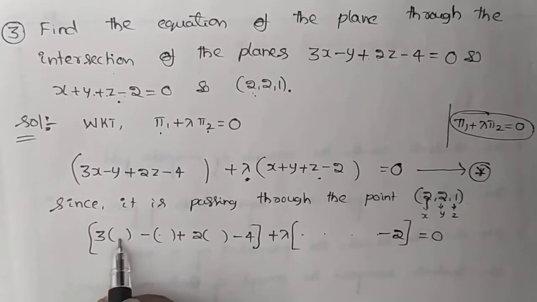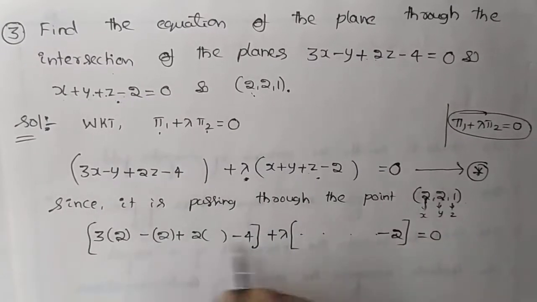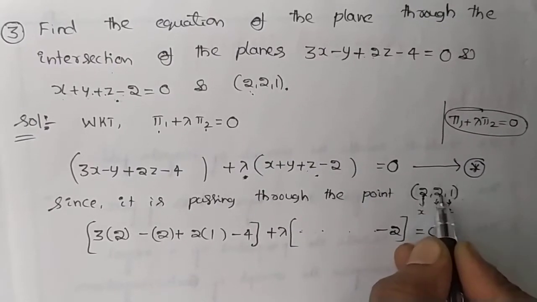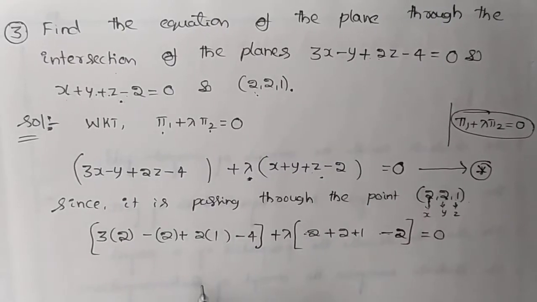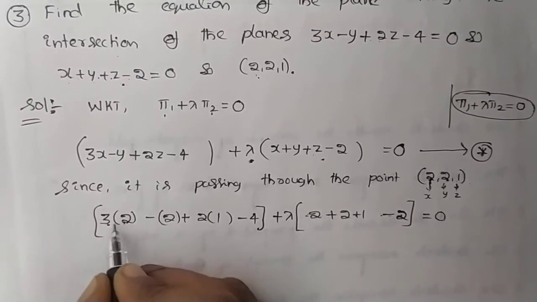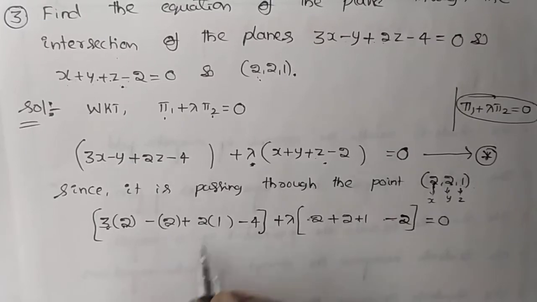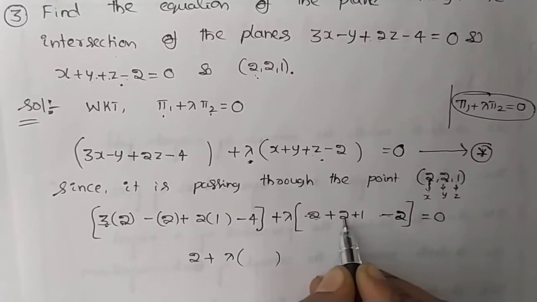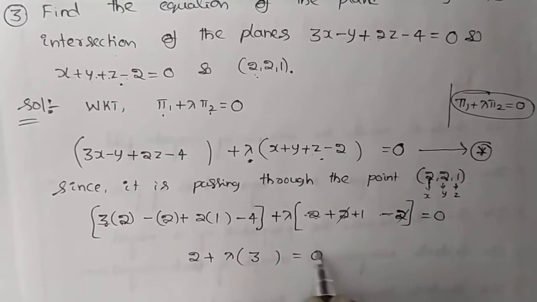Let us substitute. x is 2, y is 2, z is 1. x plus y plus z minus 2, that is 2 plus 2 plus 1 minus 2 equals 0. Let us simplify it. 3 into 2 is 6. 6 minus 2 is 4. Plus 4 minus 4 is 0. That is 2, plus lambda into 2 plus 2 plus 2 minus 2 will get cancelled. 2 plus 1 is 3 equals 0.